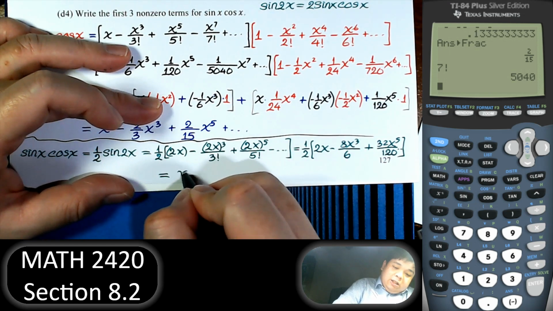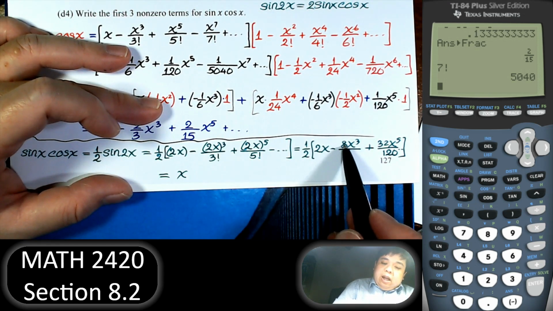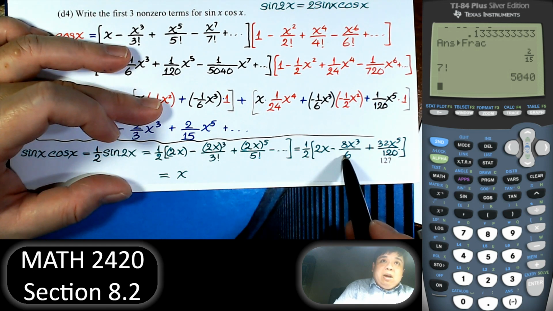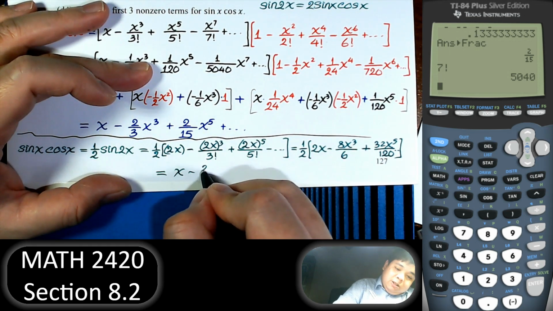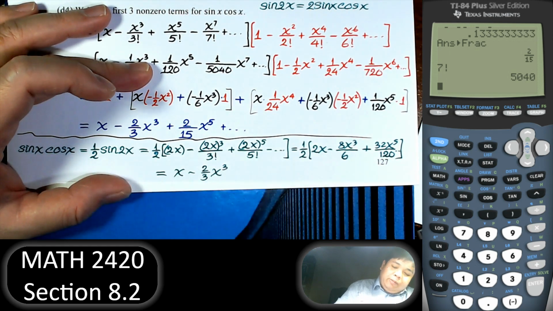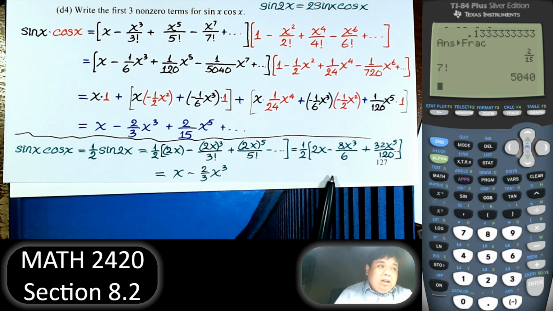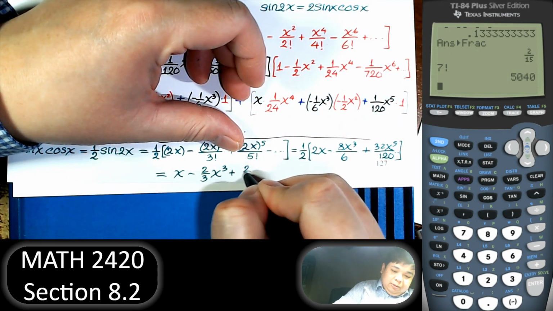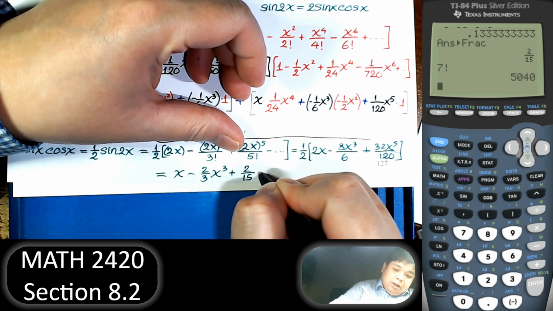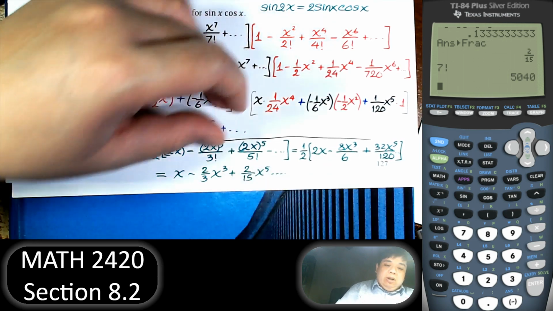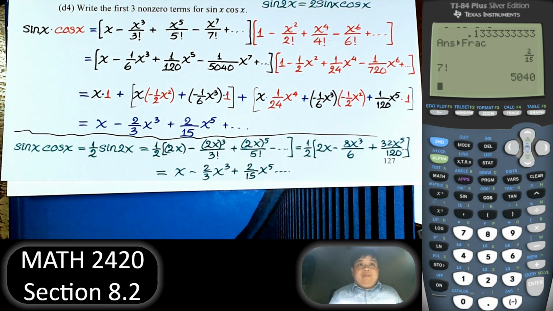That gives us x, then 8 divided by 12, which is 2/3. And 1/2, so 32 over 240, 32 on the top, and 2 times 120 at the bottom, which is 2/15 x to the 5th. Of course, keep going. You see, those should be the same.